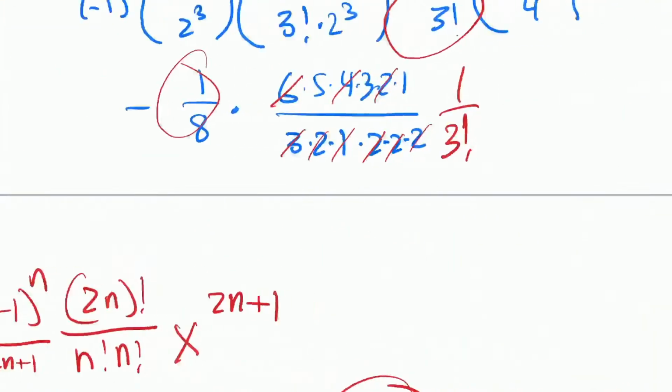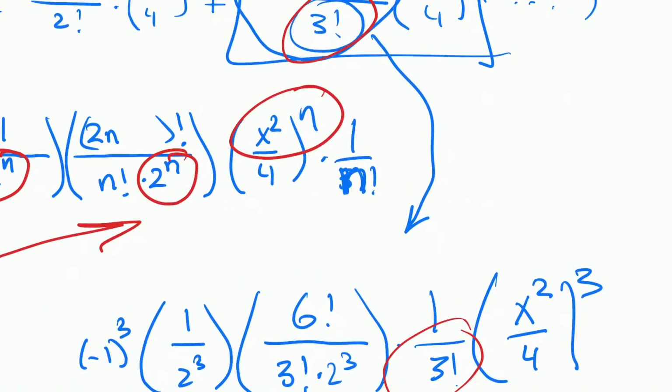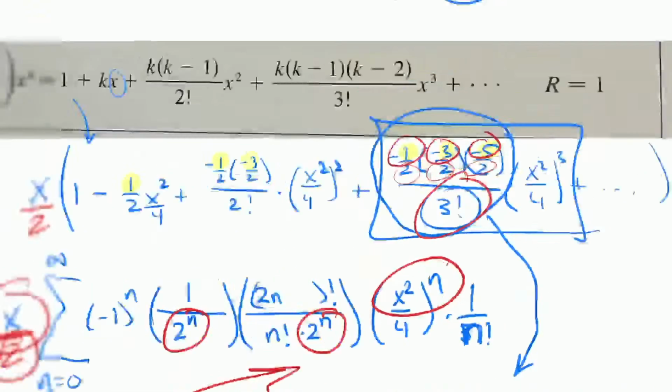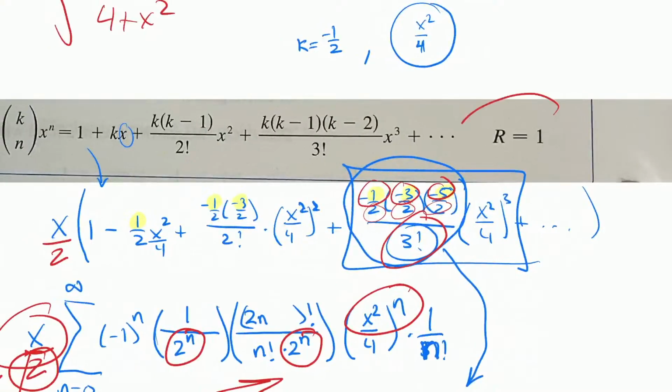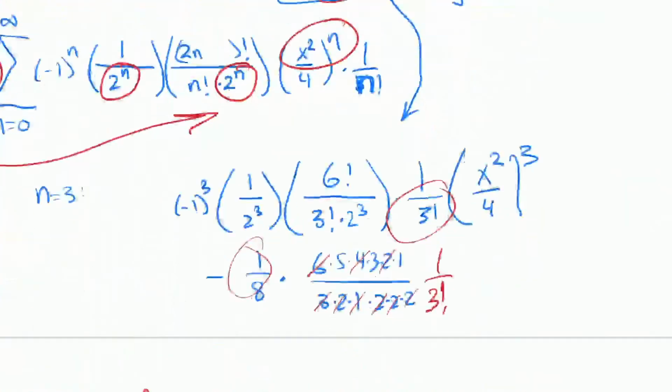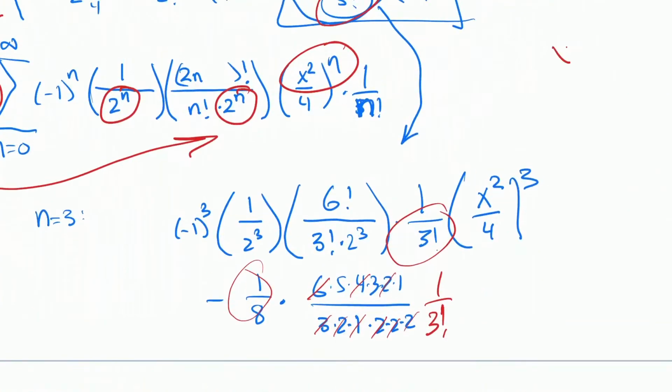Up here, you might say, okay, where does this thing converge? Okay, I got to look it up now. Hold on a sec. Where's that table? I think this radius is 1. Yeah, it's right there. So we're starting off with a radius of convergence of 1, which means that x squared over 4 has to be, well, the absolute value has to be less than 1.